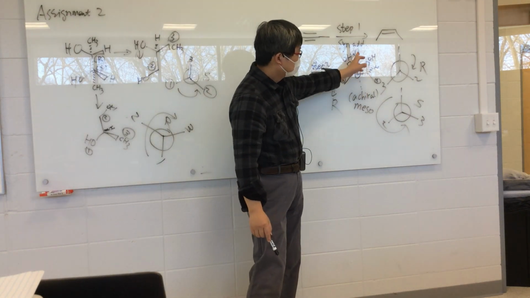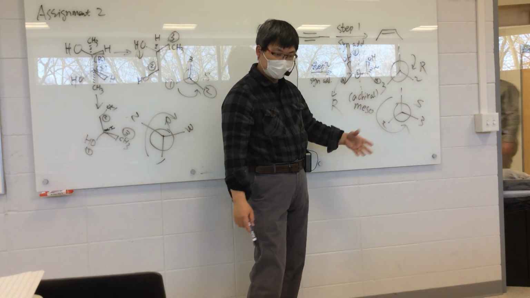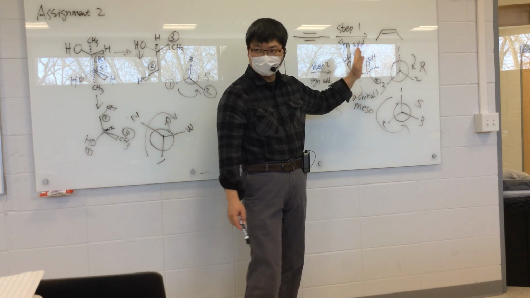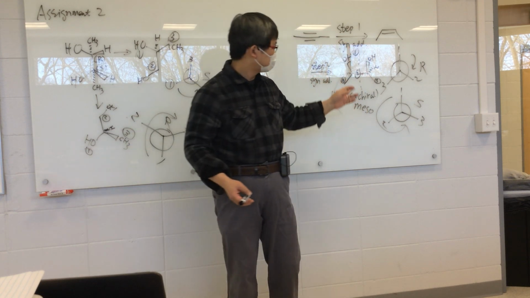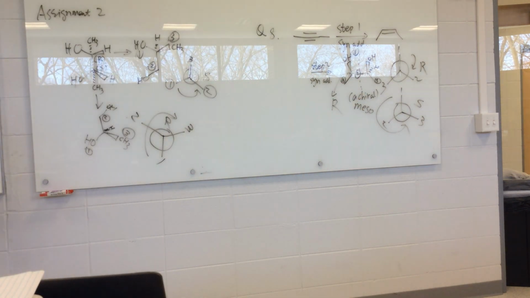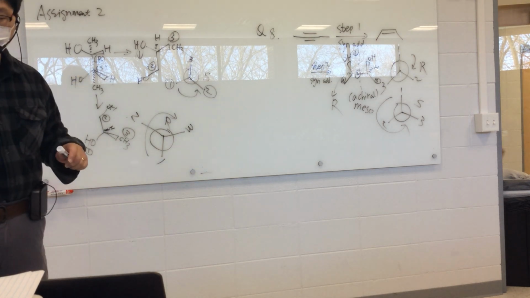There is a mirror plane, so it must be a meso compound. There's what we call a symmetry plane. Same thing, symmetry plane. And then we can find, oh, there's a symmetry plane here. So this is not a chiral compound.